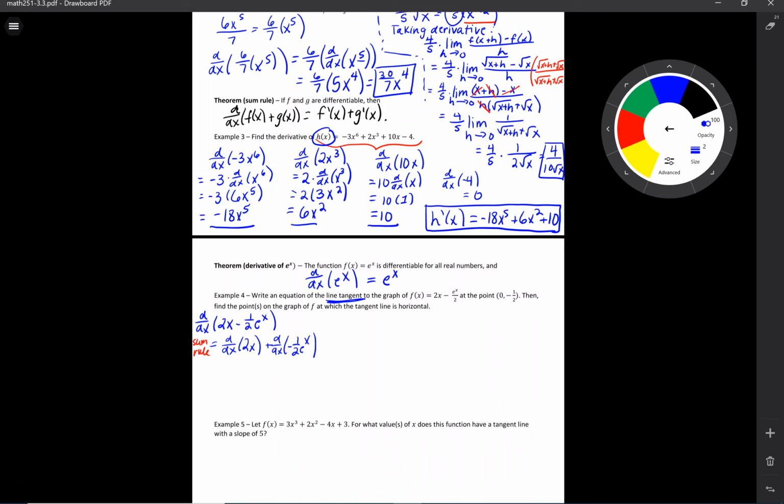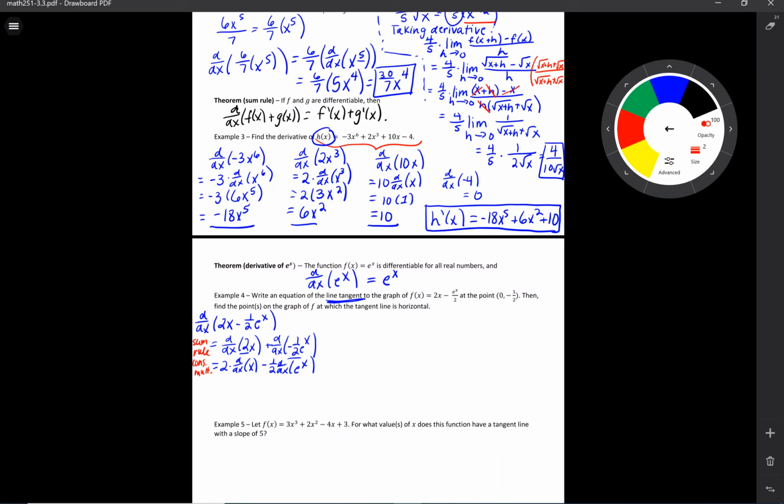Next, I am going to bring out my constants. So I'm going to bring out this 2 and this negative 1/2, so I get 2 times the derivative with respect to x of x minus 1/2 d dx e to the power of x. So this was the constant multiple rule.